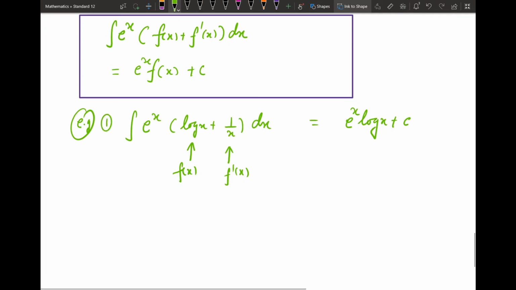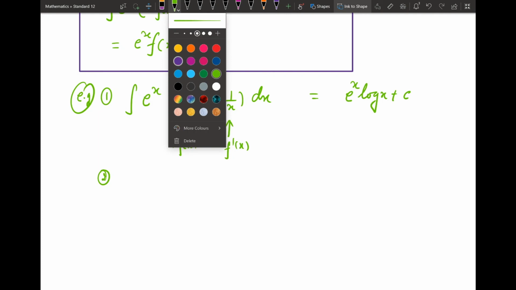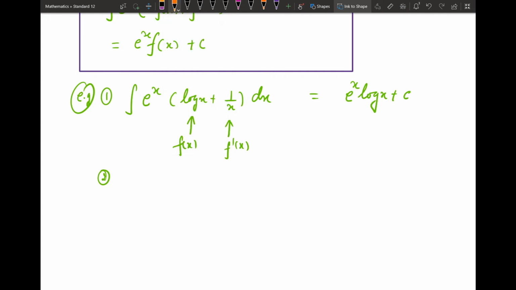For example, suppose to integrate e raised to x into log sin x plus cot x dx. So e raised to x, it should be e raised to x. If e raised to 2x is there, e raised to 3x is there, you can't use this formula.